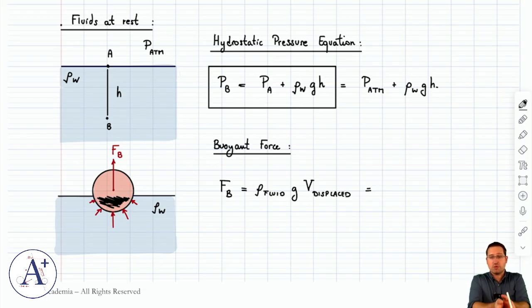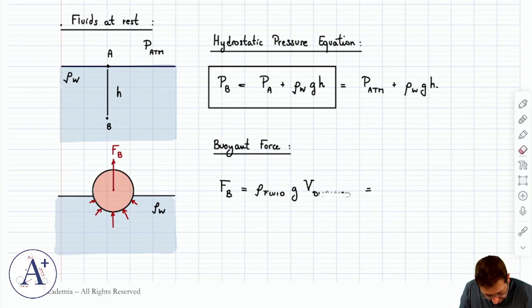In other words, there used to be water there. Now there's basketball occupying that volume where there used to be water. It displaced water out of that volume, and so your V displaced is basically the submerged volume. Since that makes a ton more sense, at least to me, I tend to call it the submerged volume.